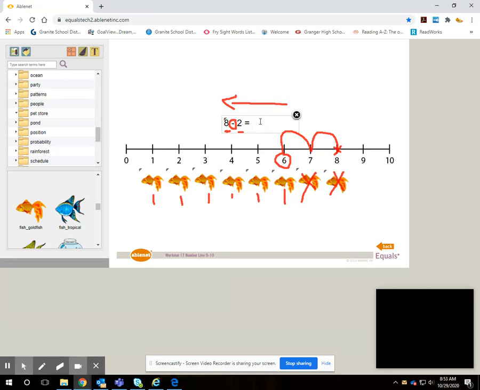So I'm going to write 6 right up here. Now my equation is complete. I have 8 minus 2 equals 6. It's a whole equation now. It's complete. All right, let me go through and erase all of my work here.